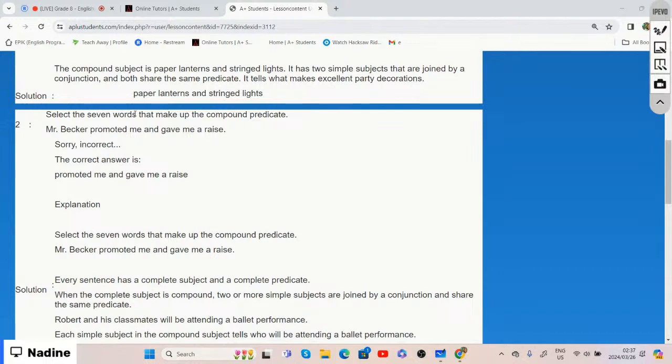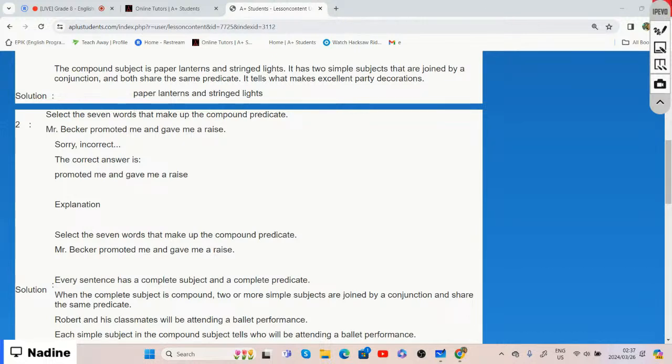So we need to select the 7 words that make up the compound predicate. When it comes to the compound predicate, based on what I just saw, it is not just the actual verb, but it looks like it's more.